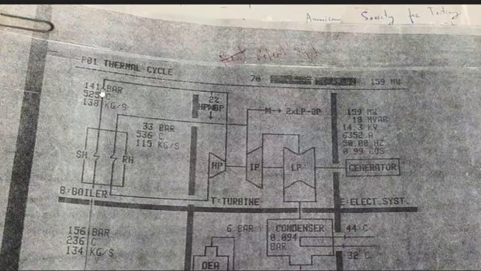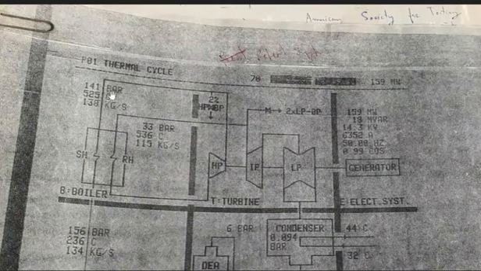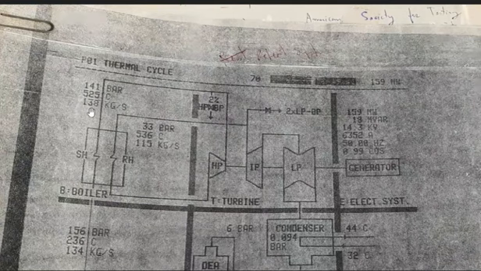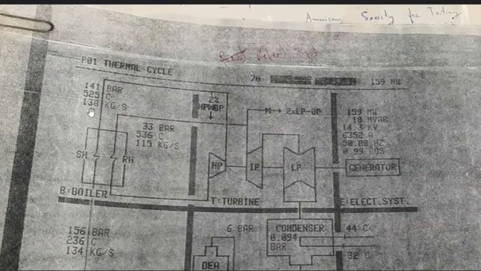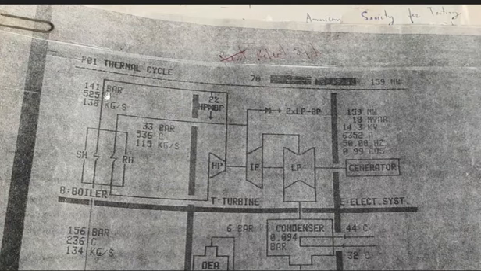We can measure the pressure; for this one it is 141 bar, and we can measure the temperature; in this case it's 525 degrees Celsius. And we can measure the amount of water or steam flowing in the system; this one is 138 kilograms per second. And you can see that the steam will go through the high pressure turbine and then go back to the boiler again to be reheated.